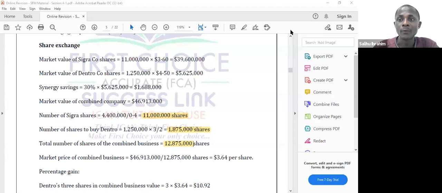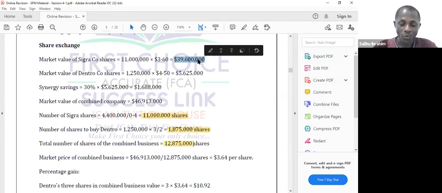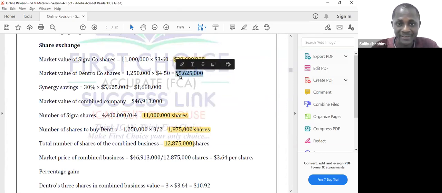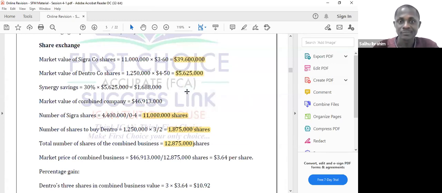So now, having got our post-acquisition number of shares, we now have to get our post-acquisition market value of shares. This is the current price of Sigraco share. This is the current market price of Dentroco shares.